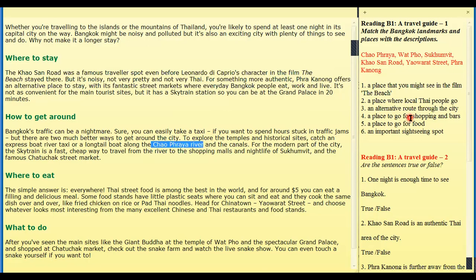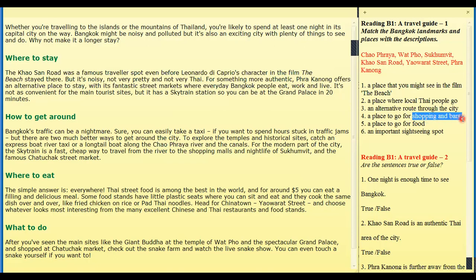So now go to question 4. A place to go for shopping and bar. Where is it? Well, scan it. Now pause the video and scan it. Identify the keywords and scan for that keyword. So the keyword is shopping and bar.